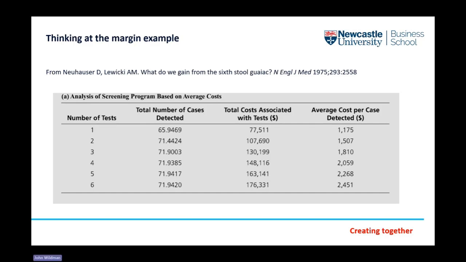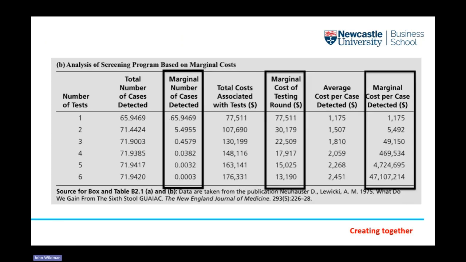But what we want to do is not think of it in terms of averages, but think of it in terms of margins. So now what I've got is the same table. So it's still got the number of cases, the costs, the average cost, but now what I've added is 3 more columns, and they are the marginal numbers. So I've got the total number of cases detected and then the marginal number of cases detected.